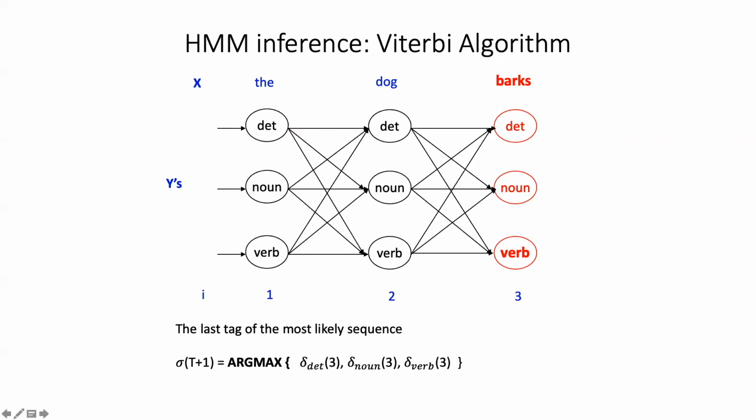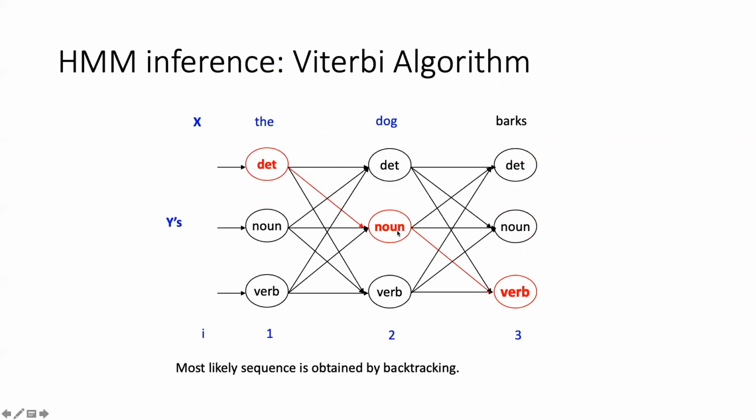After obtaining this, we try to find the previous best path, and going further backward, we can decode the whole possible state sequence. So this is the inference algorithm, Viterbi.